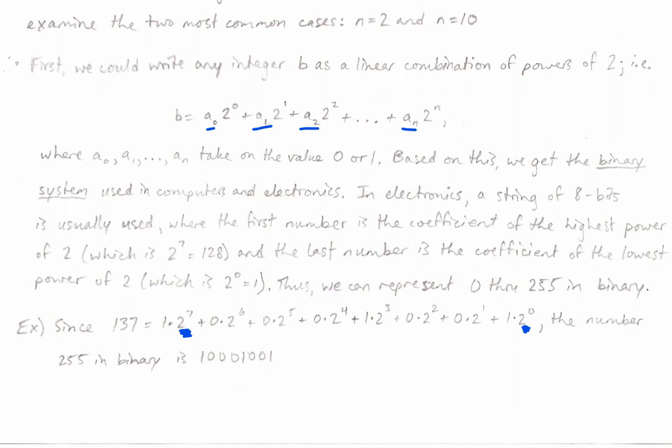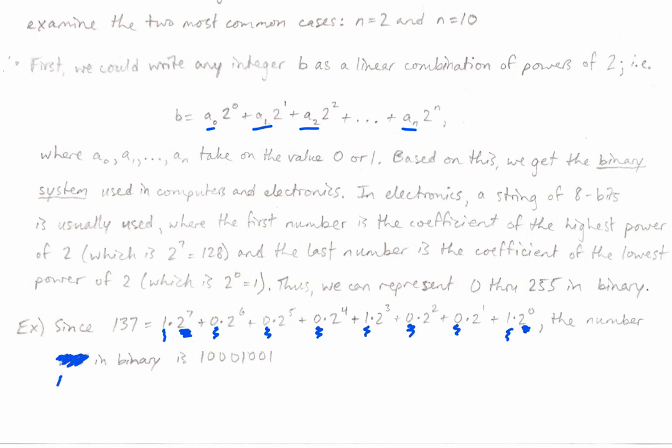I have 128 and 8 and 1. Those add up to 137. So we take the coefficients 1, 0, 0, 0, 1, 0, 0, and 1. Those are the numbers I will write, in the same order, as my binary representation of 137.